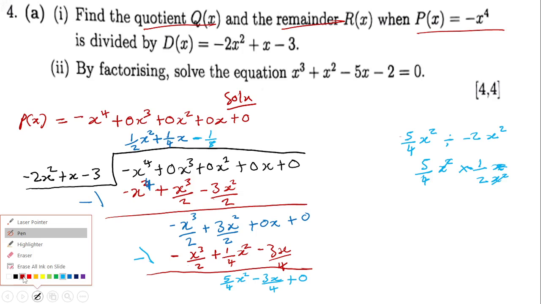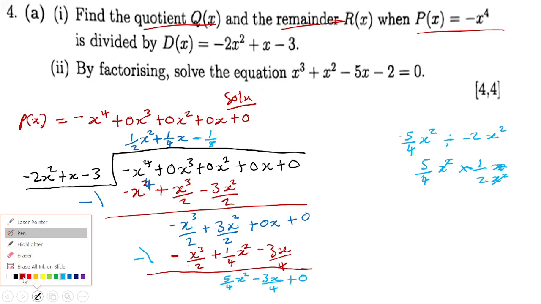Then my guy there who is in blue will be 5x squared minus 3 over 4x and then plus 0. So ladies and gentlemen, I've taken this part to that part due to space.